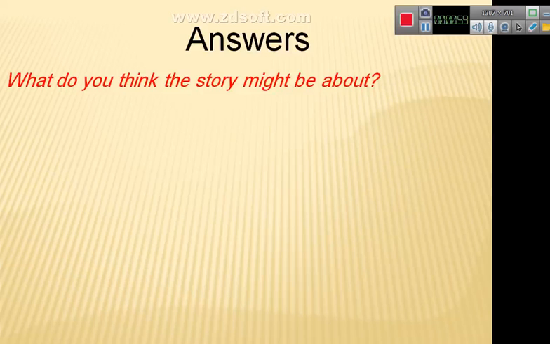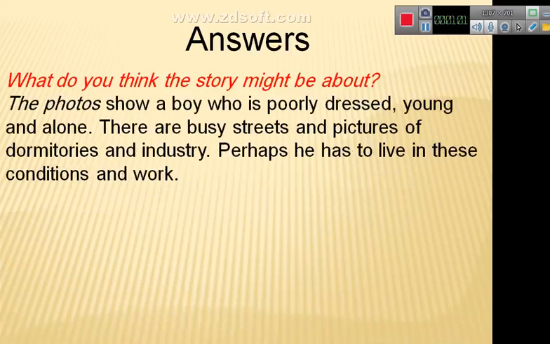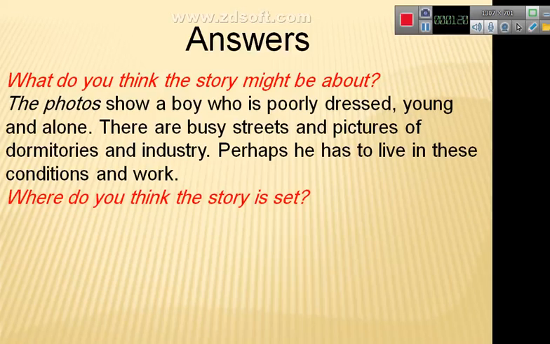Try to think. The photo shows a boy who is poorly dressed, young and alone. There are busy streets and pictures of dormitories and industry. Perhaps he has to live in these conditions and work. Question number 2.